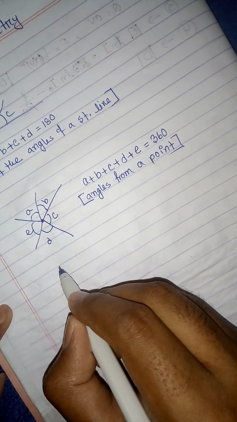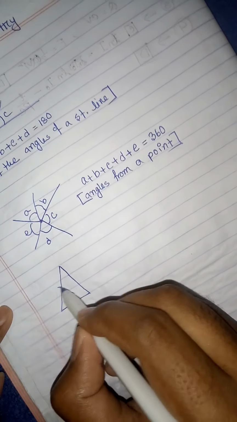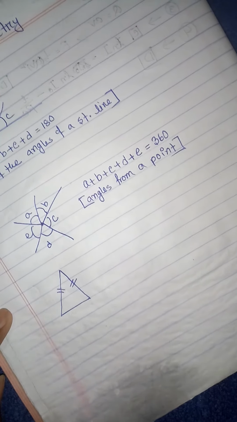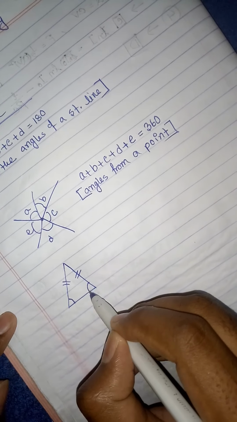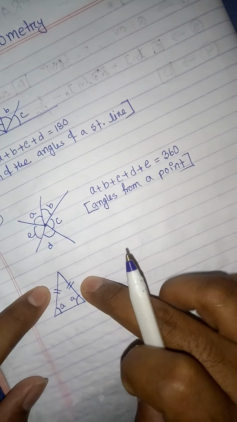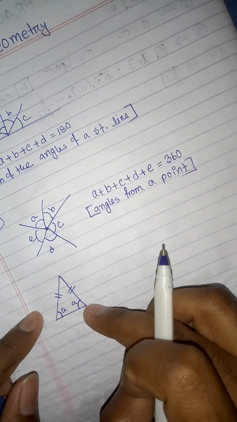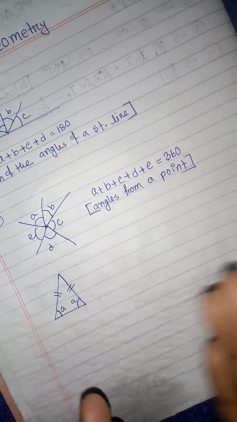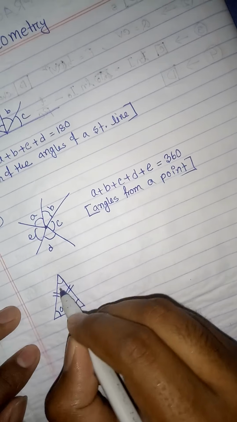Some basic knowledge: say this is a triangle and it is marked like this. You have to think that these two angles are equal to each other, because the marks indicate equal lines, lines of the same length. Since the lines are of the same length, the values of the angles will be equal as well, and this one will be B or some other value.